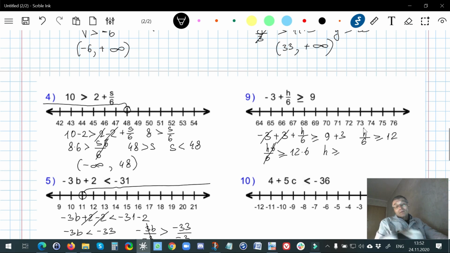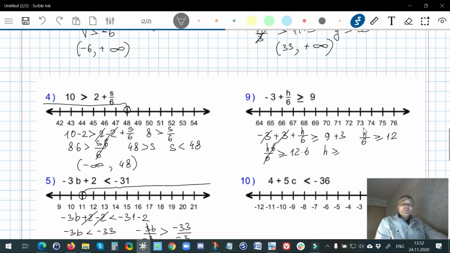How do I mentally multiply? It isn't included in the multiplication table. I will multiply first 6 by 10, which gives me 60, and then 6 by 2, which gives me 12. It's 72.